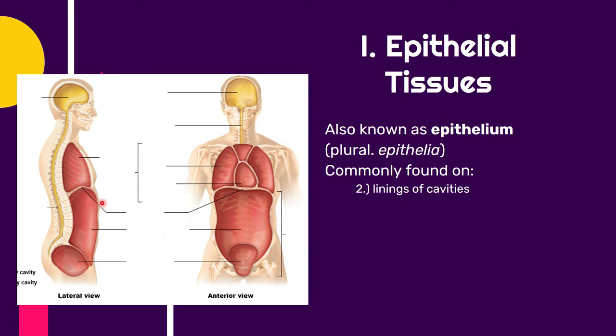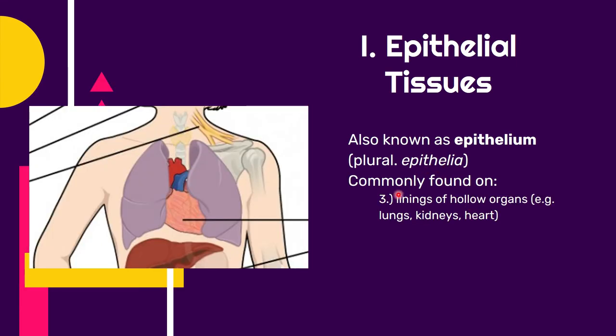Then we also have this cavity where our heart is located. So the linings of the cavities are made up of epithelial tissues, and epithelial tissues are also found on the linings of hollow organs. These hollow organs, for example, are lungs, kidneys, and heart.